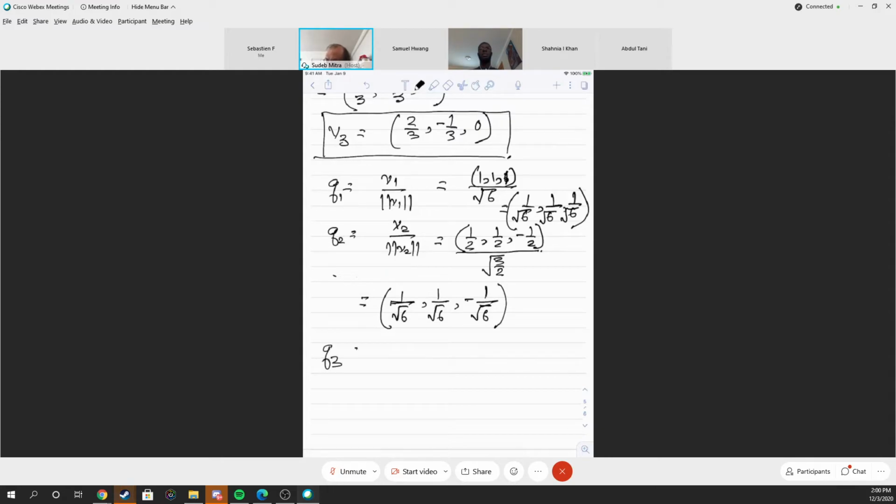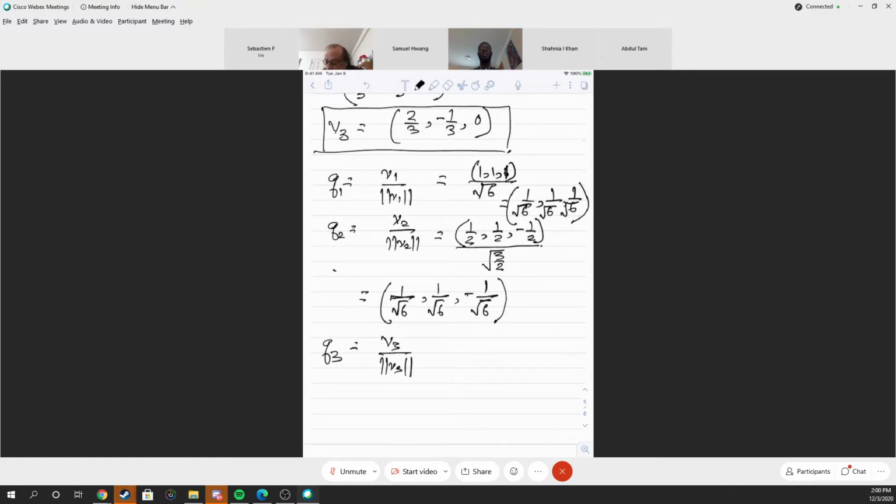Q3. Now V3, I have to find the norm of V3 squared. So there is V3: 2 upon 3 times 2 upon 3, 4 upon 9, plus 2 times minus 1/3 times minus 1/3, 9, plus 3 times 0 times 0.